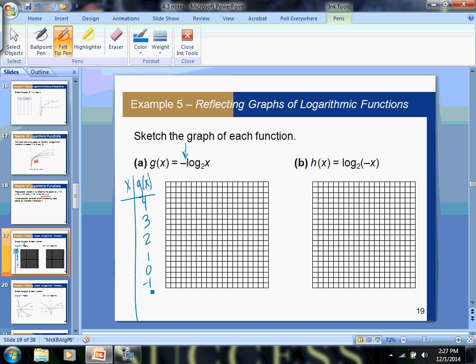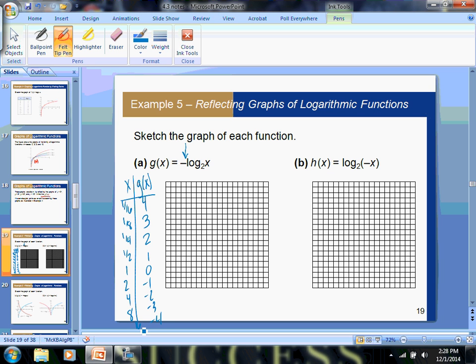But my x values are going to remain the same as the other function that we had in example 4. So this is the same table of values, but that negative out front of the whole function just switches the signs on my y values.